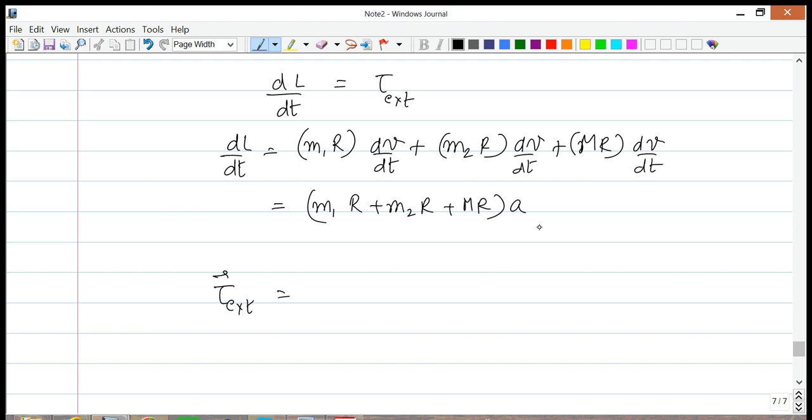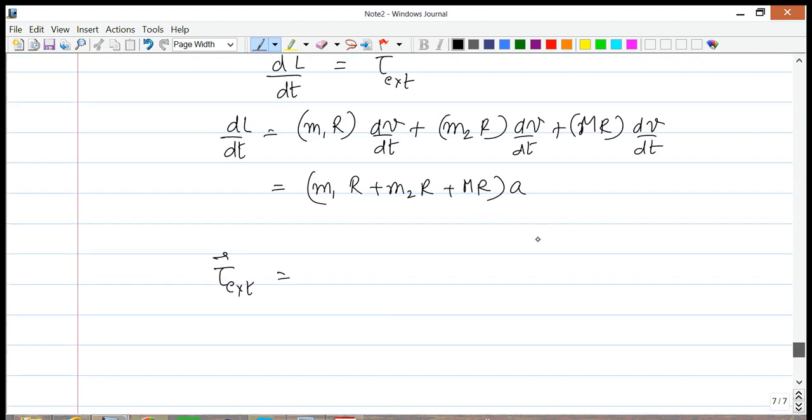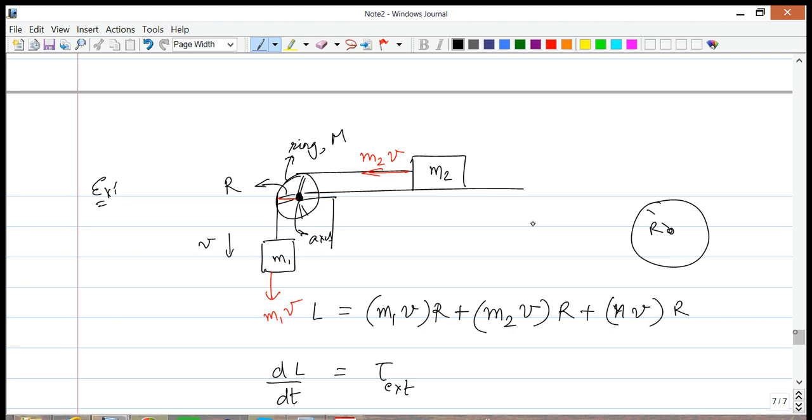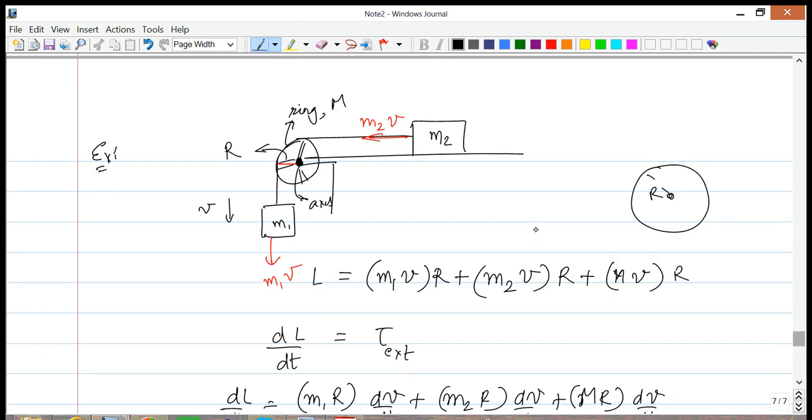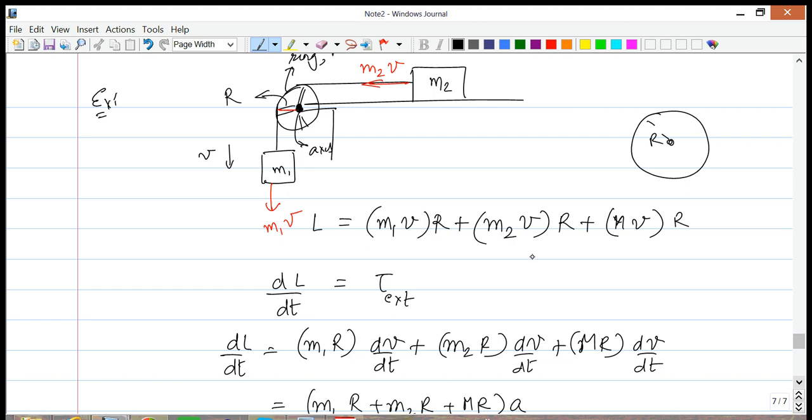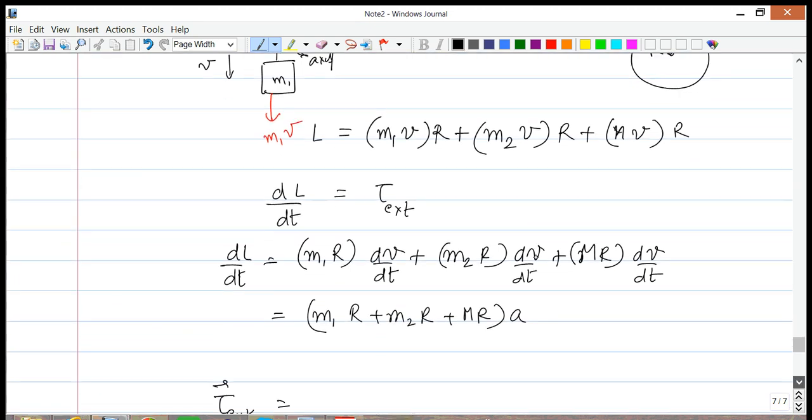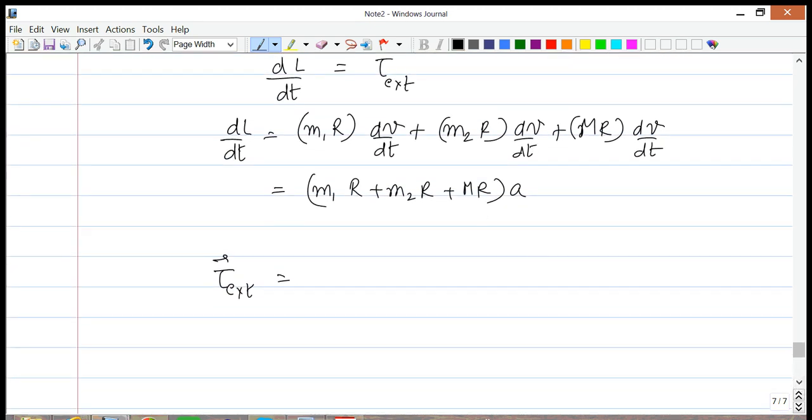Now let's look at all the forces that are acting here. If you look at this system, we have the force M1g pulling the system down, which is basically the driving force in the problem. Let me draw this again so that you see this. So we have M1g driving everything.